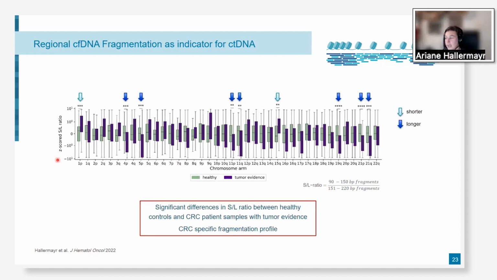As you can see on those chromosome arms marked with the arrows, there are multiple chromosome arms that show either a significant enrichment in short fragments or a significant enrichment in long fragments compared to healthy controls. However, I'd like to mention that, as in this study only CSC patients were included, the fragmentation profiles analyzed within this study are CSC specific and might look different for other tumor entities.